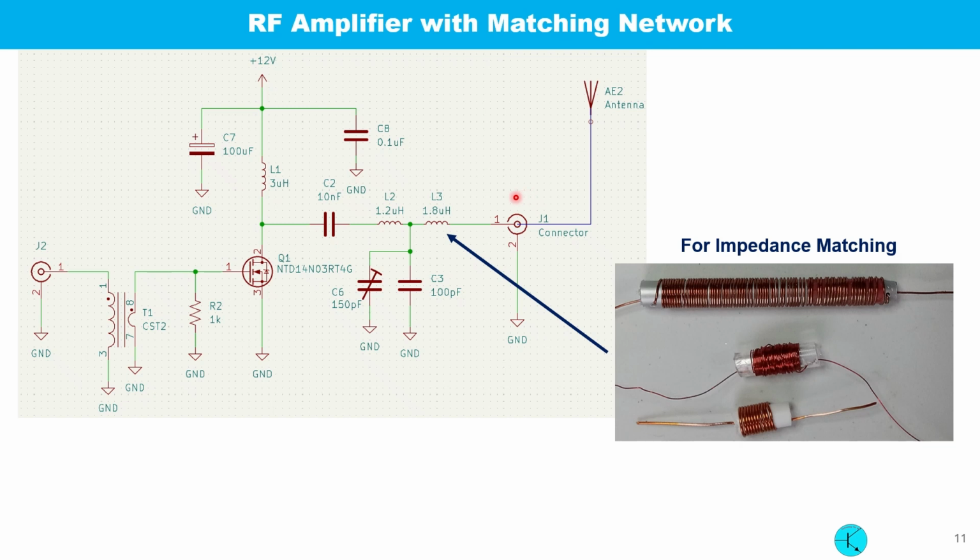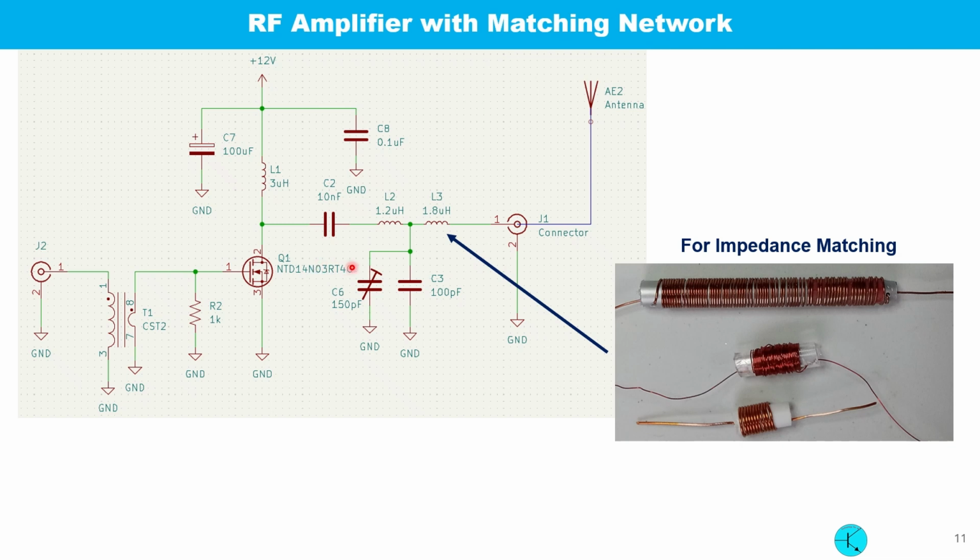We want to feed the output of the amplifier to an antenna, and we have to consider various factors. First comes the antenna impedance, and then we must match the antenna impedance with the amplifier output impedance.